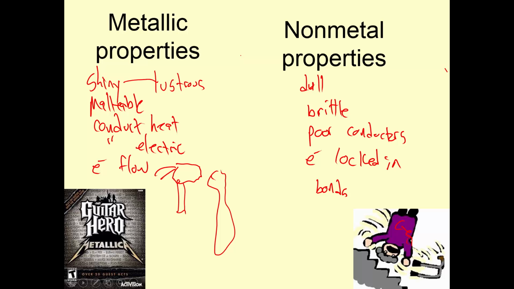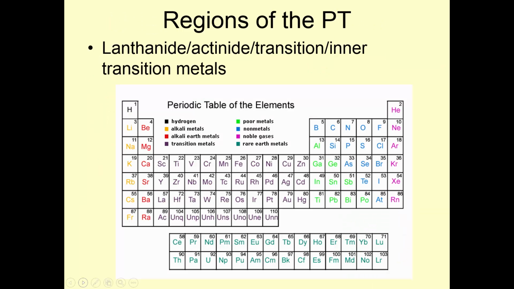Region of the periodic table. You have the lanthanide, actinide, transition, inner transition metals. Okay. So, everything here is the lanthanide. Everything down here is the actinide. I misspelled it. Okay.